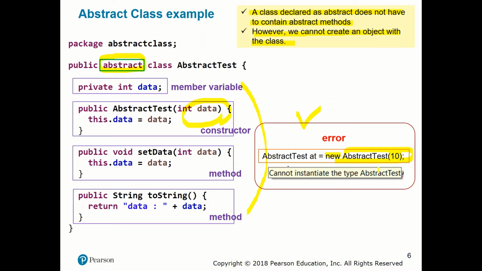This is the error message: Cannot instantiate the type AbstractTest. Once you declare the class as abstract, you cannot create an object from that class, regardless of whether it has an abstract method or not.